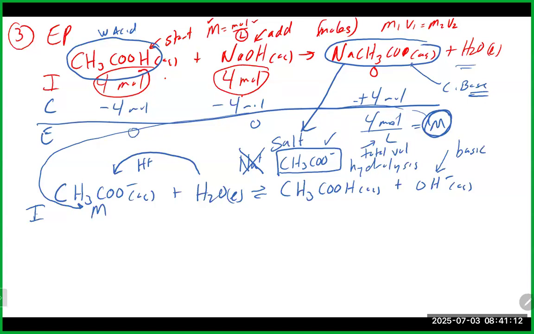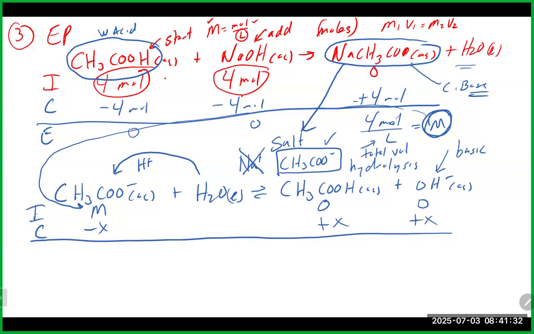You really don't want to roll in here with moles because you will get the wrong answer if you don't adjust it correctly at the end, and most people probably won't. So just roll in with molarity at this point and you should be good. This is going to be a 0, 0. And really, since we're using molarity here, we'll go back to X's at this point. And we will end up with the molarity minus X, X, and X.